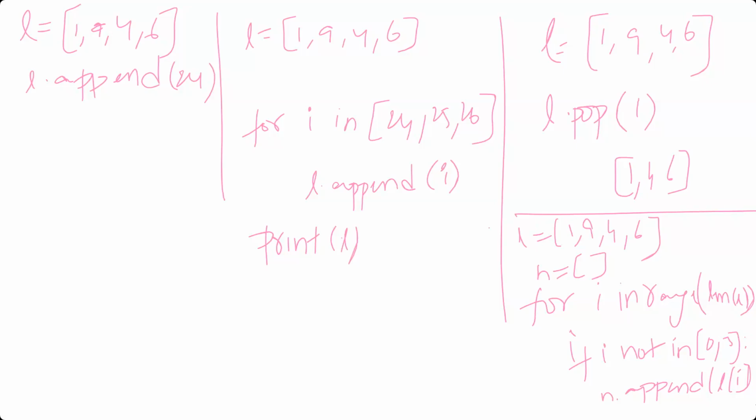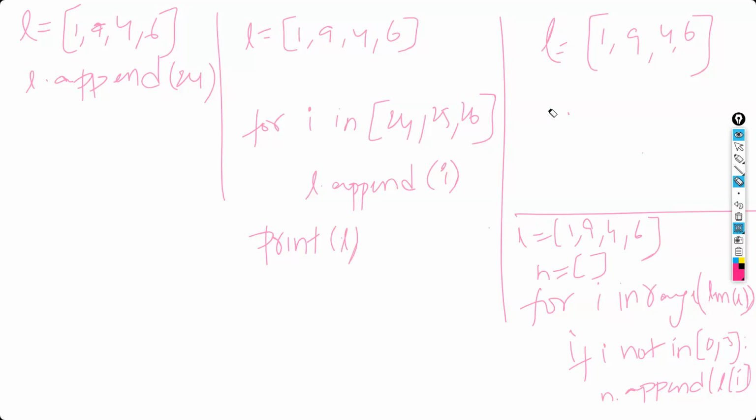Now, same way, without using pop, tell me using the append method to remove the 4. To remove the 4 without using pop or remove or anything, I want the append method. I want to remove the 4 and keep the remaining 3 values, but I should not go with pop or anything. I want to go with append.